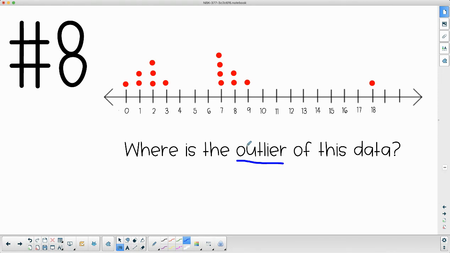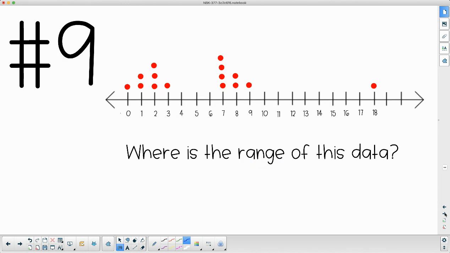So look for one that is sitting all alone, and that's the outlier. Okay, our range is we need to take our biggest number and subtract the smallest number, and that will tell us the spread or the range of the data.